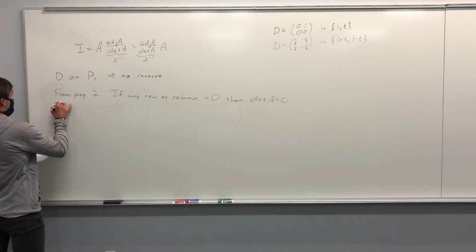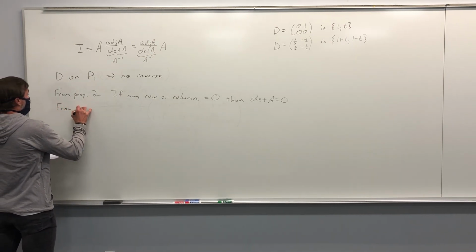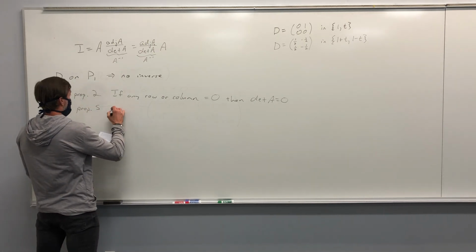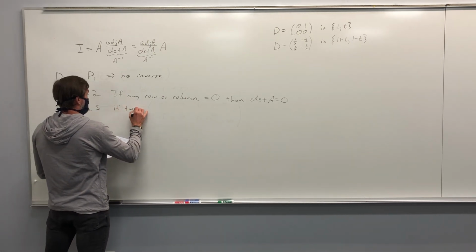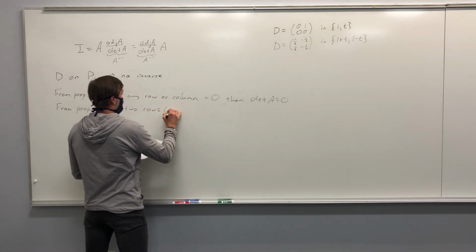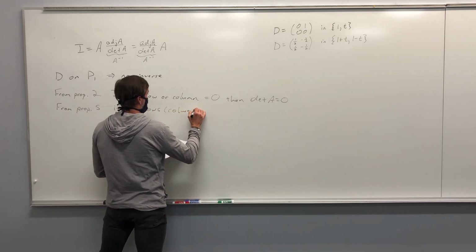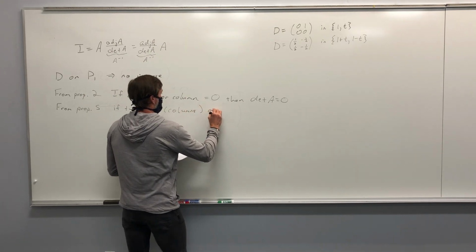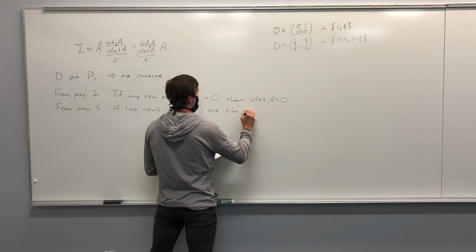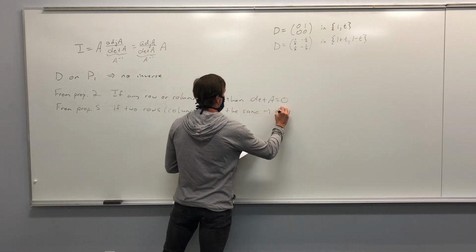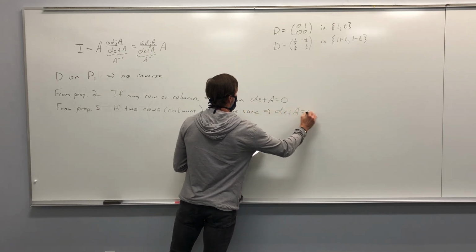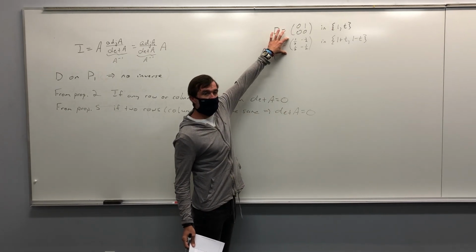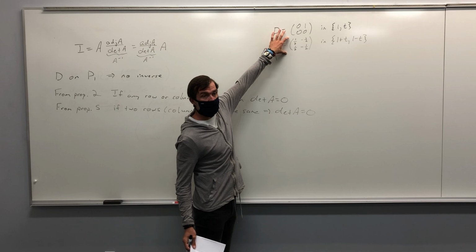However, from property 5, if 2 rows or columns are the same, then det A equals 0. And of course, in this case, it's clearly obvious that the 2 columns have the same values. Okay?